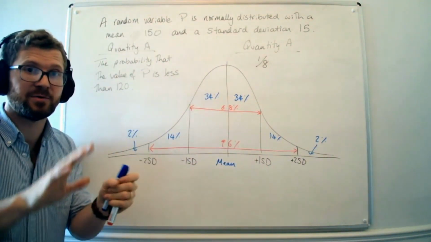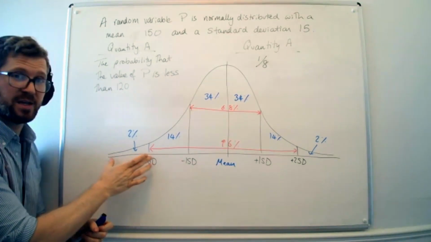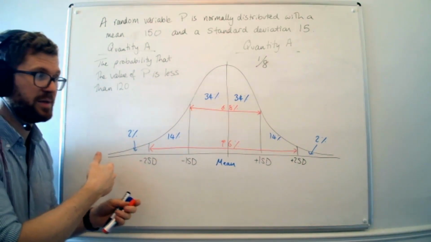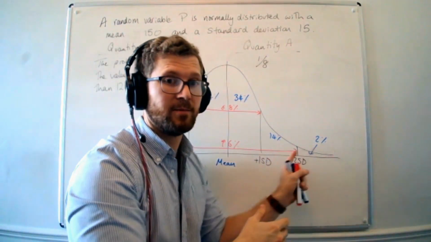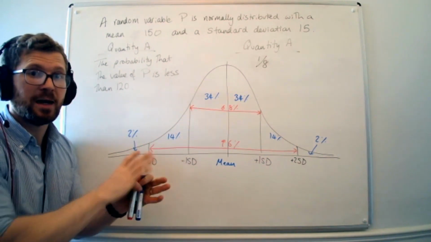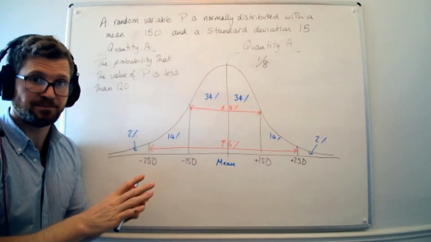So again, if I was dealing with 100 things, 2% of them should be more than two standard deviations below the mean, and two of them should be more than two standard deviations above the mean. So we've taken the normal distribution and we've split it up in that way.